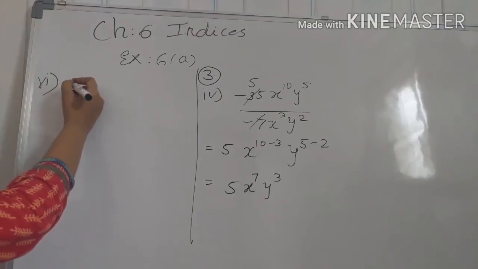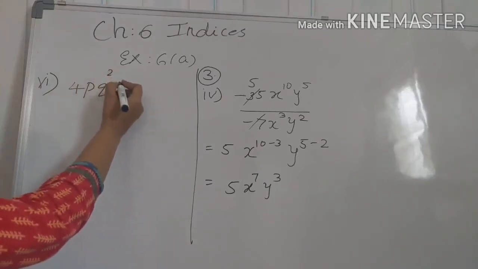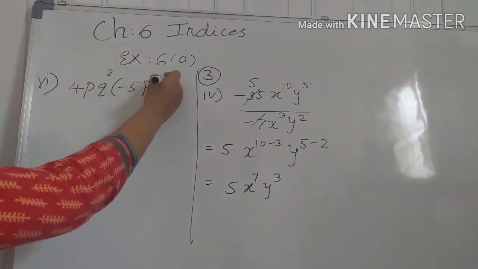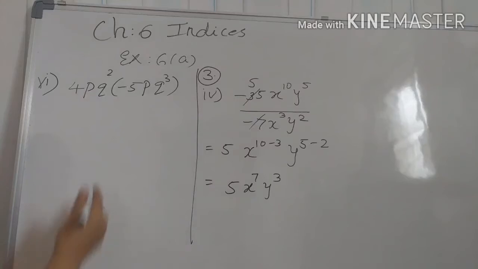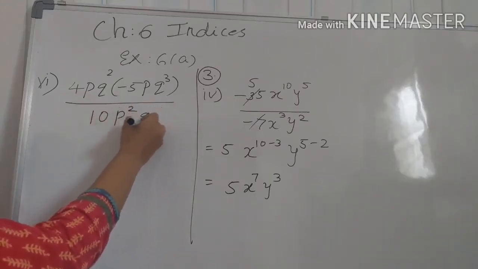Here there is 4pq square in the bracket minus 5pq cube divided by 10 p square q square.